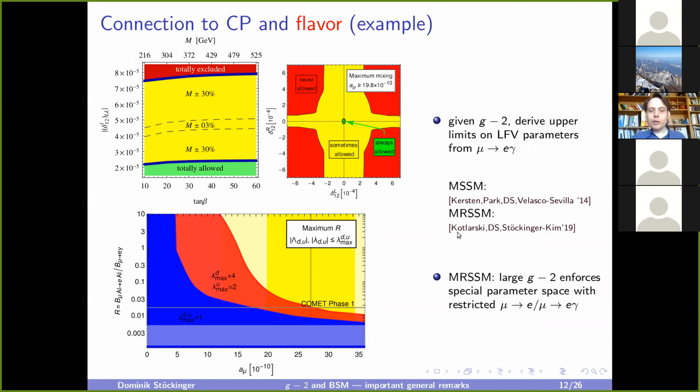So we assume g-2 is now explained. And then we ask, what is the limit that we obtain on flavor violating parameters in the SUSY model from mu to e gamma? Because mu to e gamma is a flavor violating dipole observable, which is very similar to g-2, but it involves flavor violating parameters.